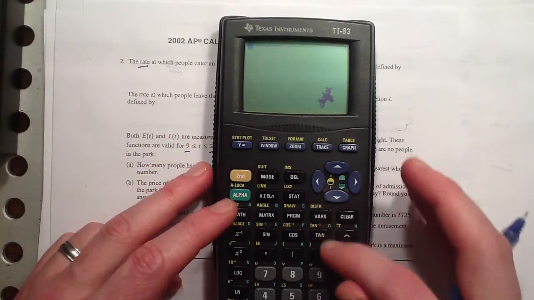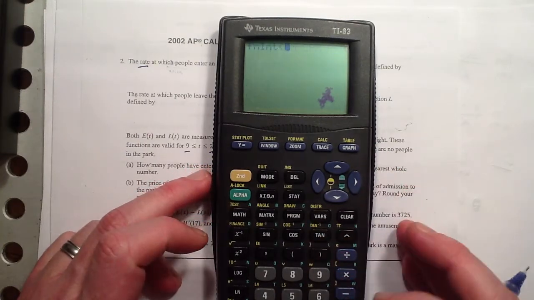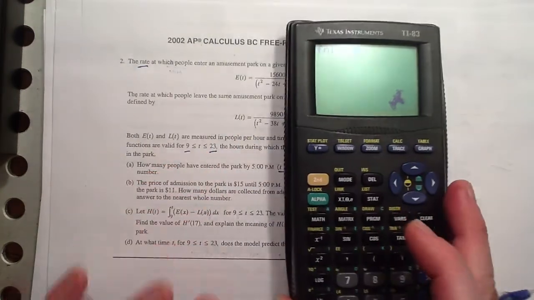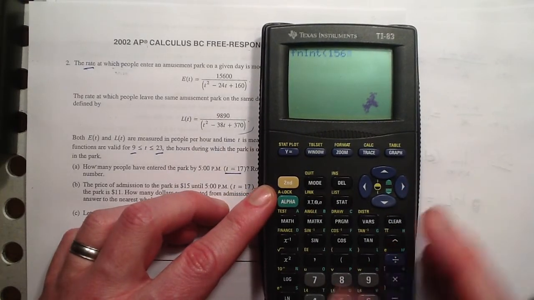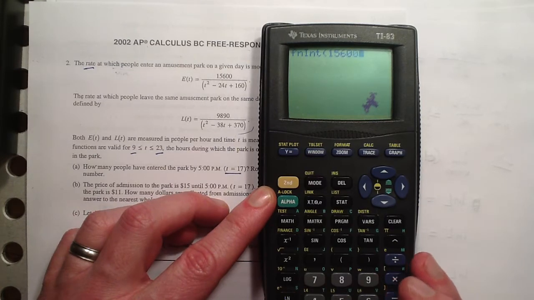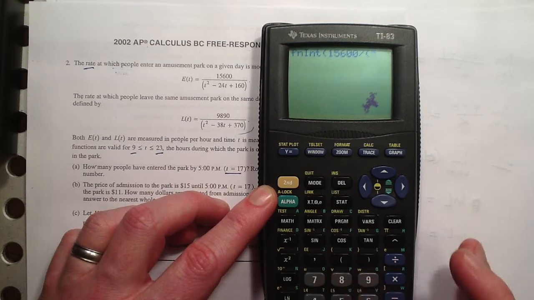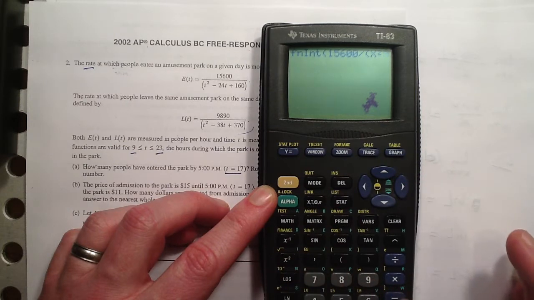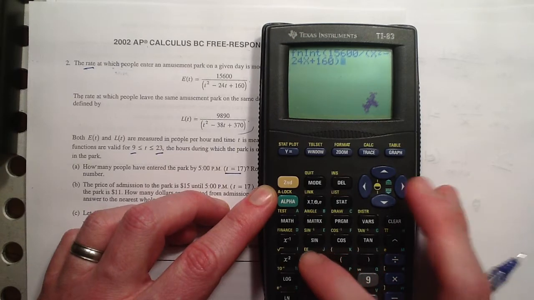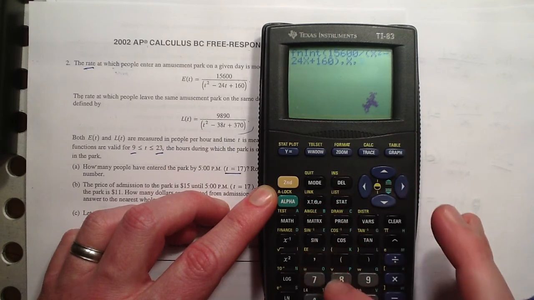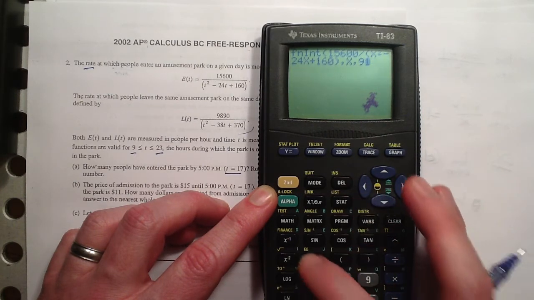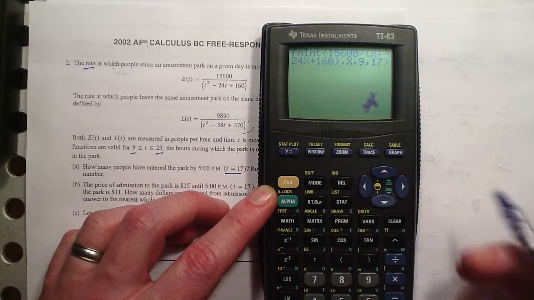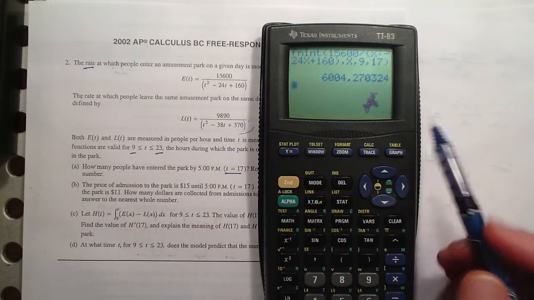Let's see, we want to do the area, it's math 9, under the enter function, which is 15,600 divided by x squared minus 24x plus 160, comma x, comma, from 9 to 17, right? 9, comma, 17. 6,004 people.